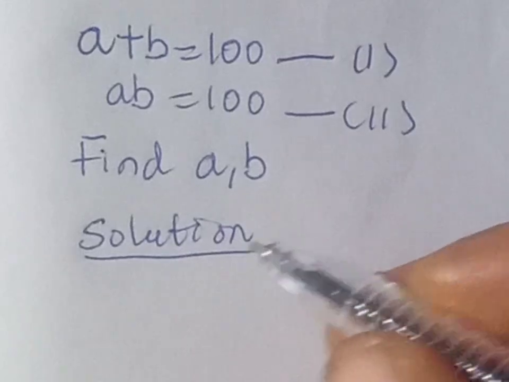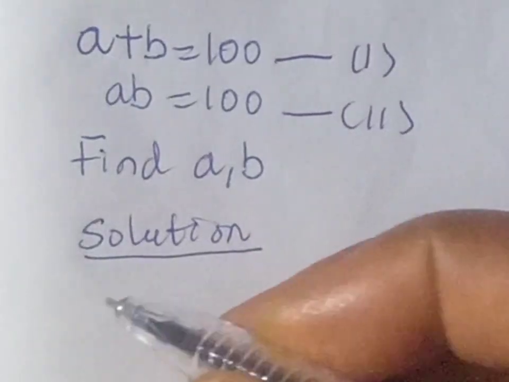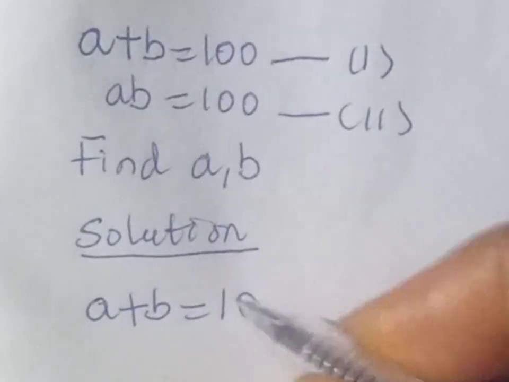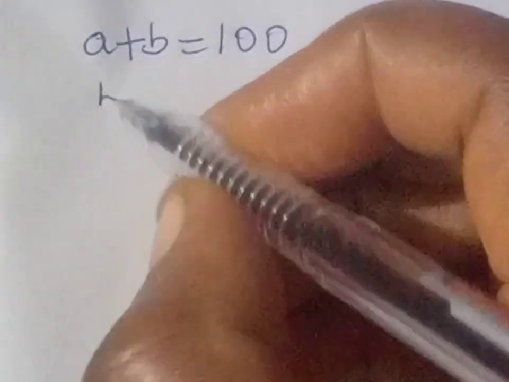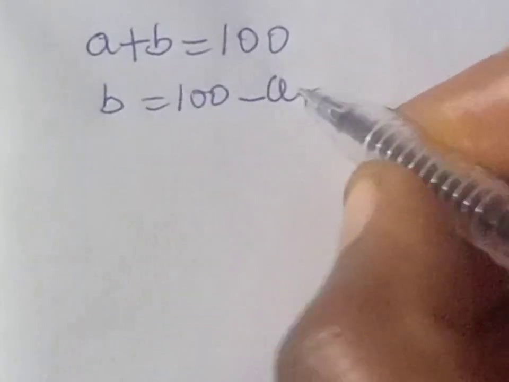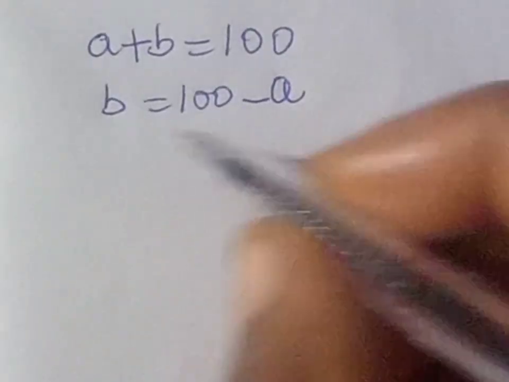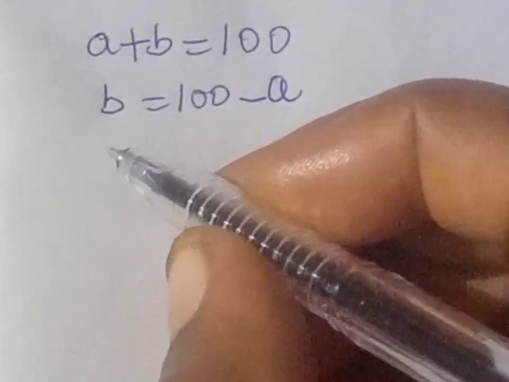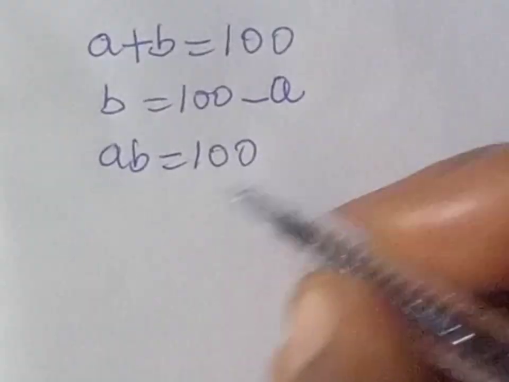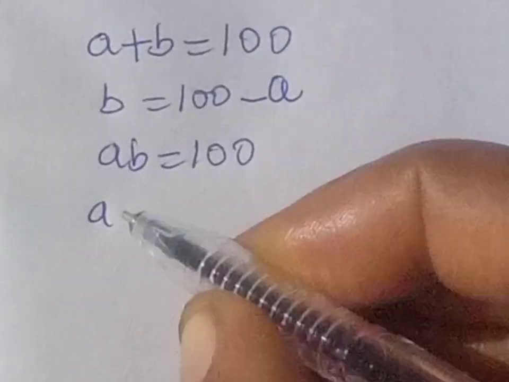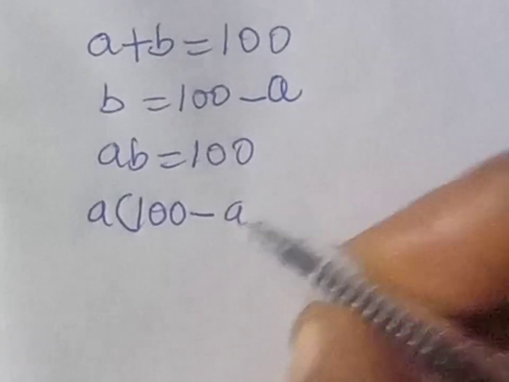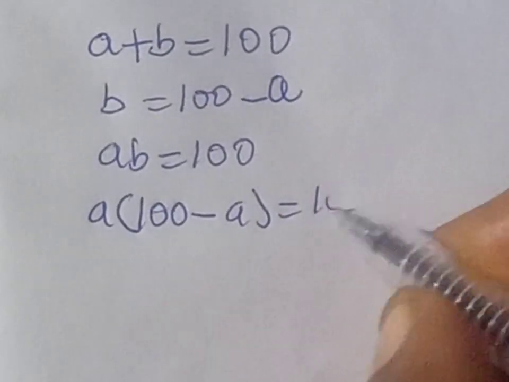Now let's derive our equation. Equation 1 says a plus b equals 100. So b equals 100 minus a. Now let's substitute this into the product, which is ab equals 100, which gives us a times (100 minus a) equals 100.